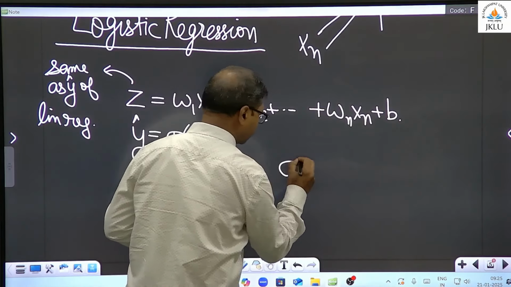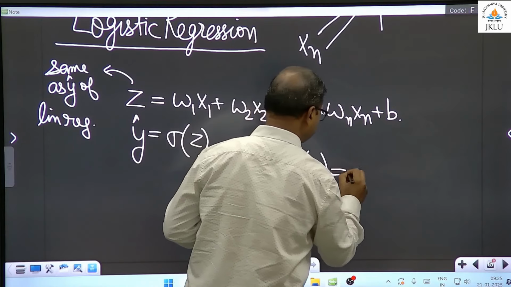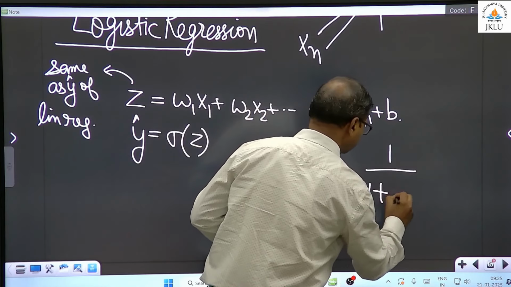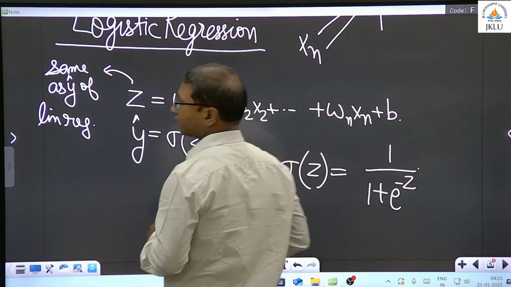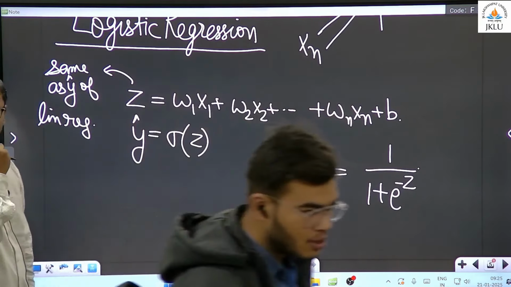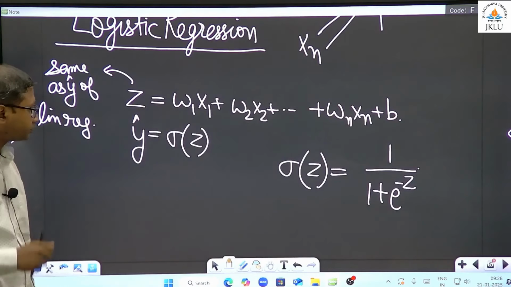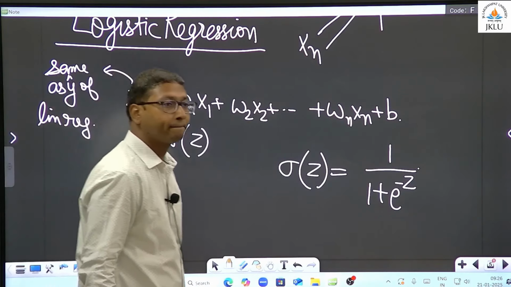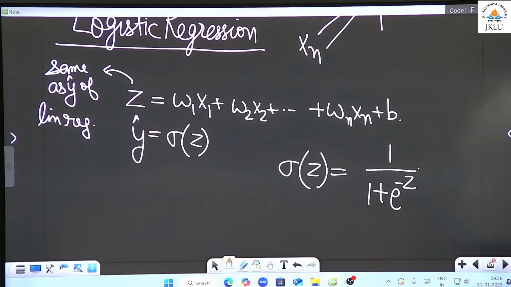Sigma of Z is given as, right? This is what we have. Sorry, a bit faster. What is the question?